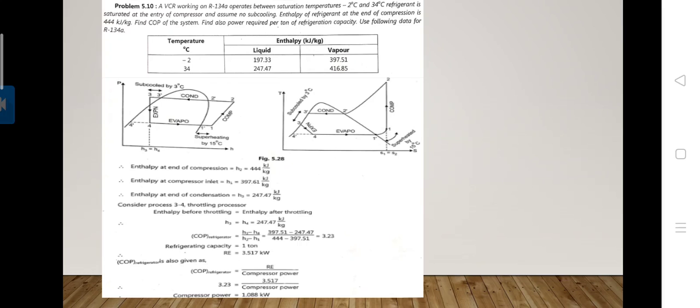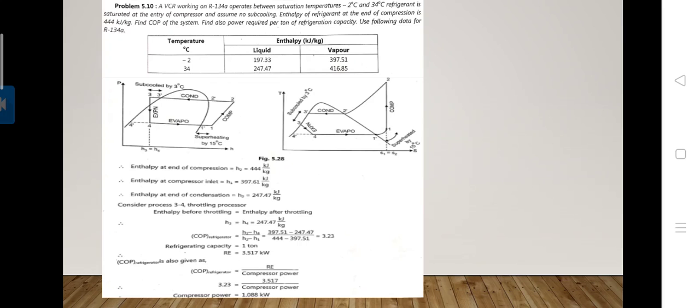Okay, so the effect of this superheating is that the suction temperature of the compressor increases, increasing the compressor power, but it also increases the refrigerating effect. Therefore the COP of the system remains more or less constant.